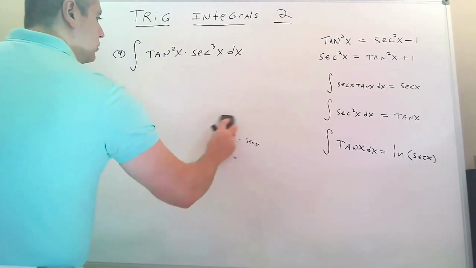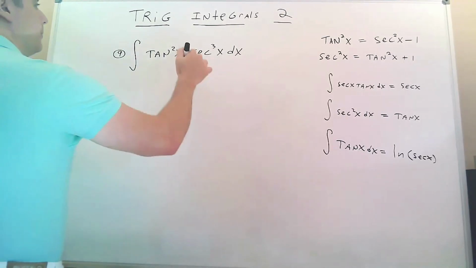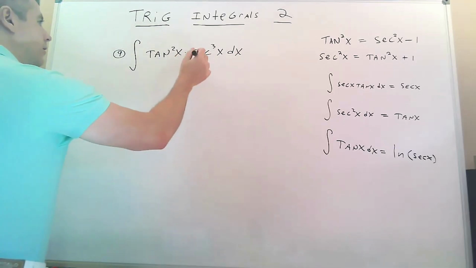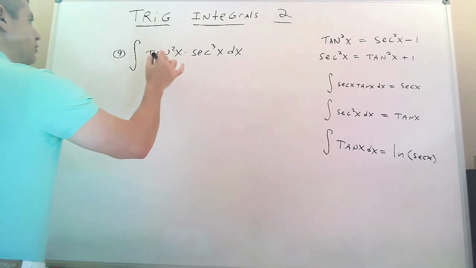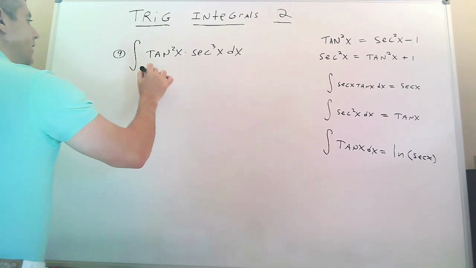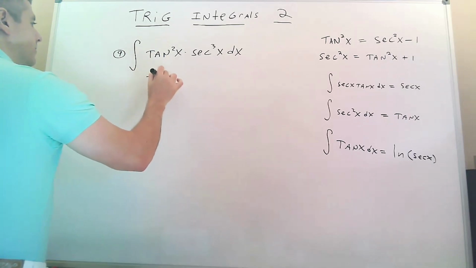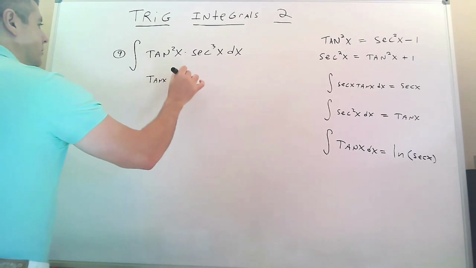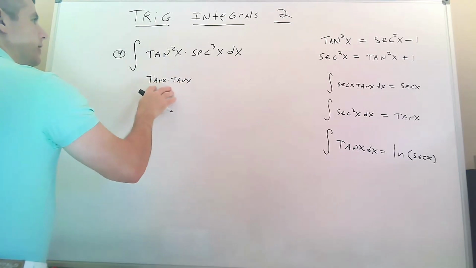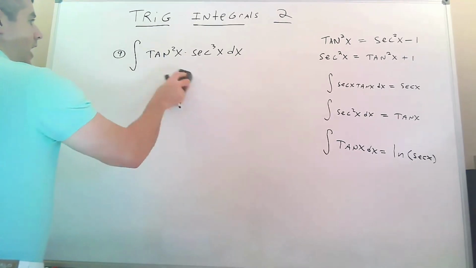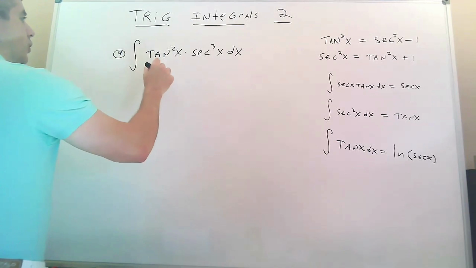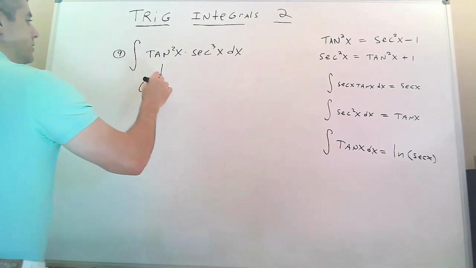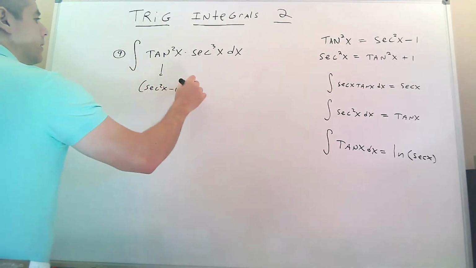So same thing if you try to split it up. No matter how you approach this, as soon as you have the tan and the tan, you're totally stuck because there's nothing to put there. Now you might also say, oh, but I could put secant squared minus 1 there.